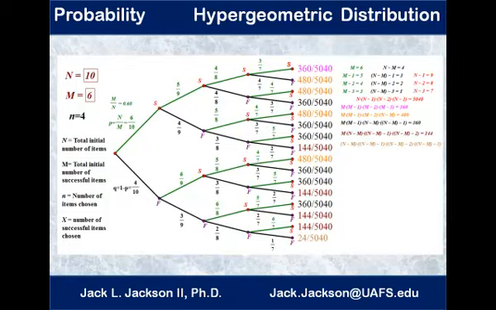In other words, you have M times M minus 1, and you're going to see those two as green numerators somewhere along the path, and capital N minus capital M and capital N minus M minus 1 are the 2 black numerators that you're going to see along the way. Multiply all those together, you get, in this case, 360, and that's the numerator for all those.